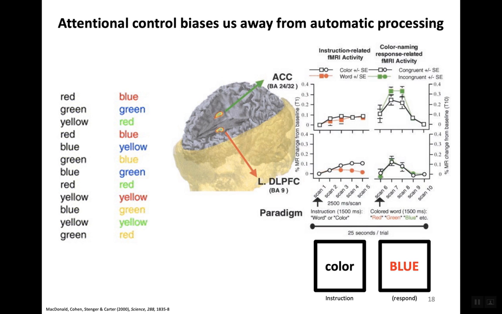So in this case, it seems that we have two different regions that are responsible, one for anticipating conflict and allocating attentional resources to deal with this future conflict, and then a separate region which is responsible for the actual management of a conflictual situation.